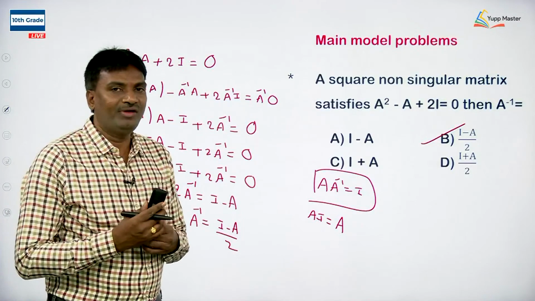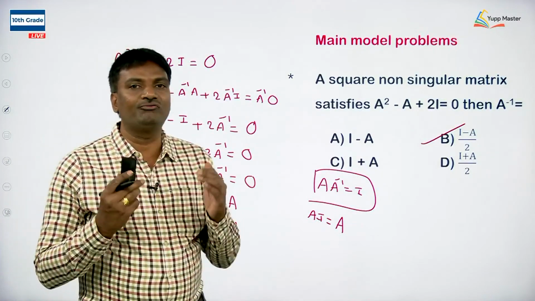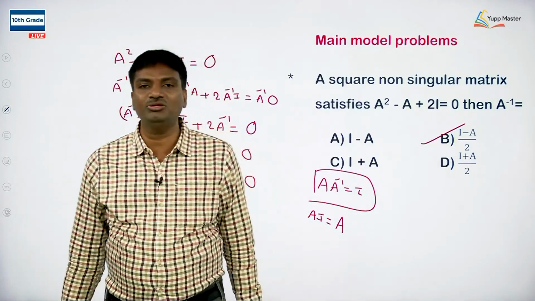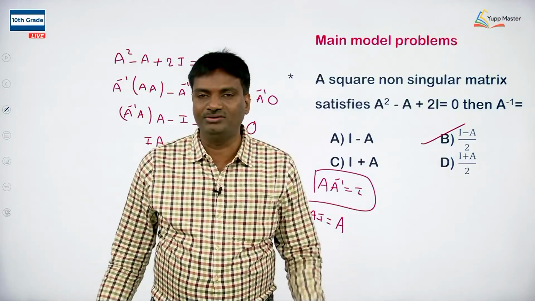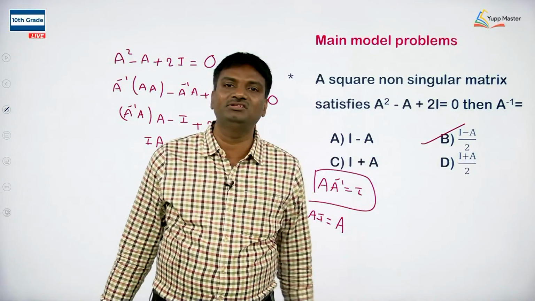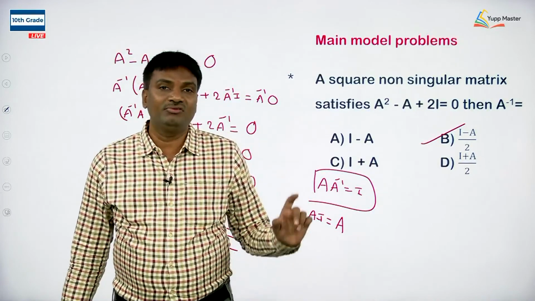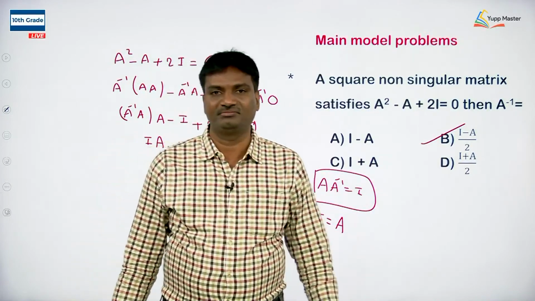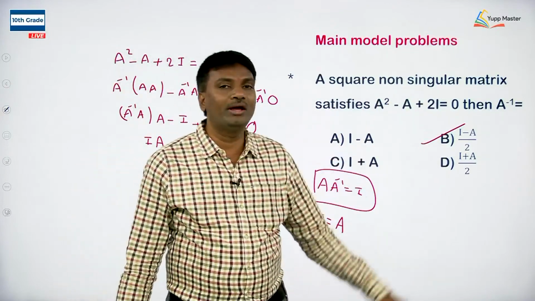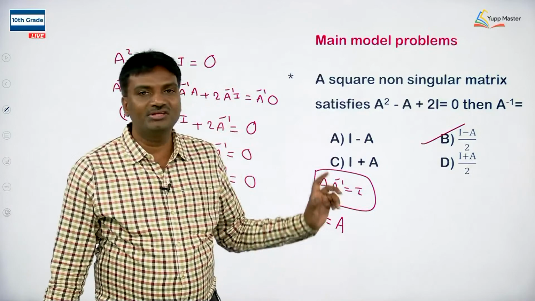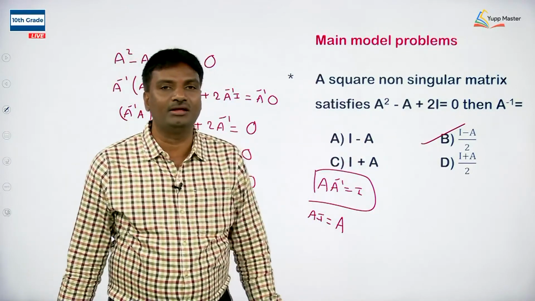So when the matrix A is given, to find the A inverse of the given matrix, we know the formula: A inverse equal to 1 by det A into adjoint A. But here the matrix is not given; the matrix equation is given, that is A square minus A plus 2I equal to O, where I is the identity matrix and O is the null matrix.